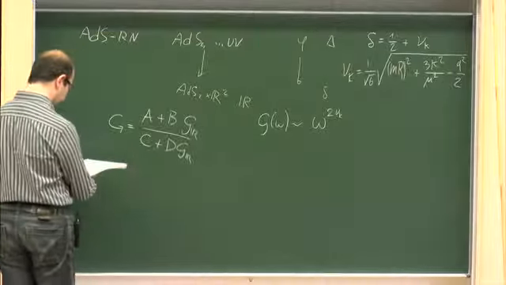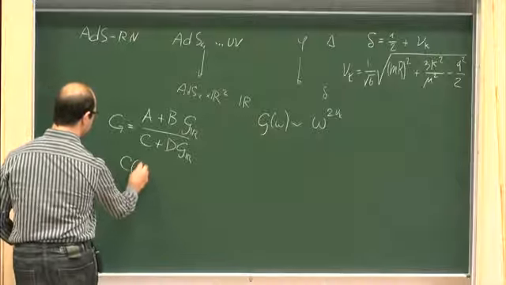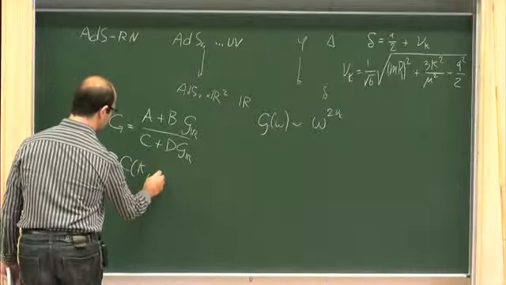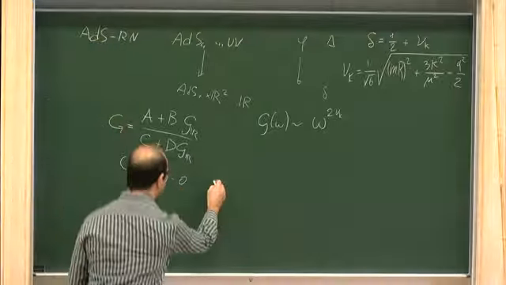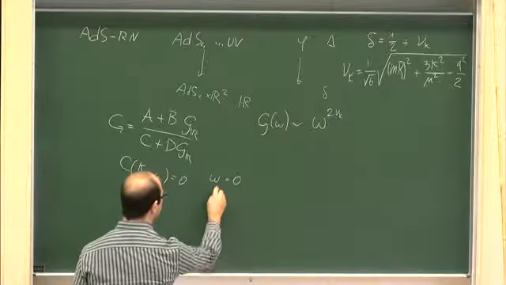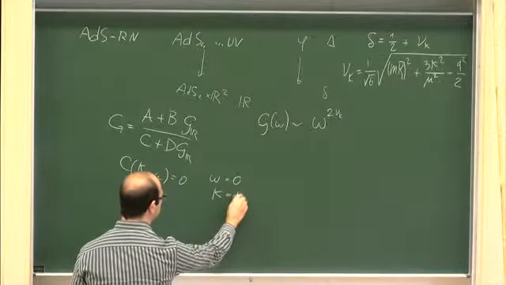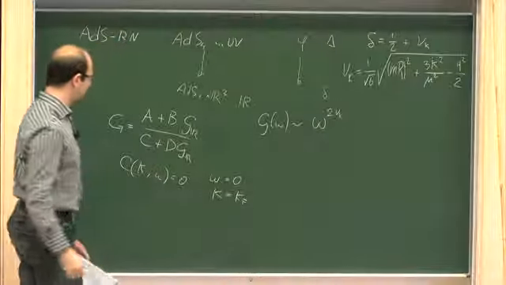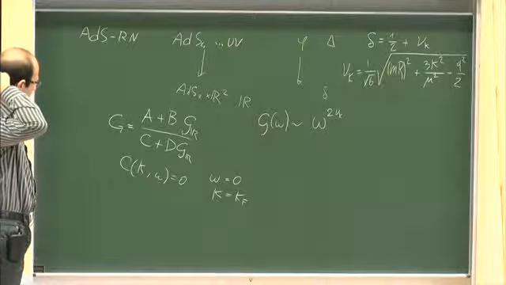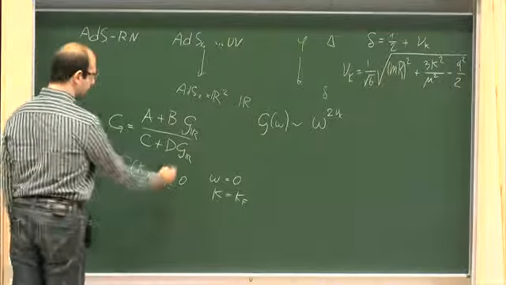And so if it so happens that C of k and omega happens to be 0 for omega equals 0 and a finite k, then you will have a pole for this correlator, but with a non-trivial exponent.